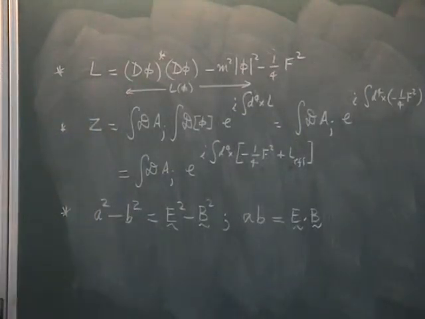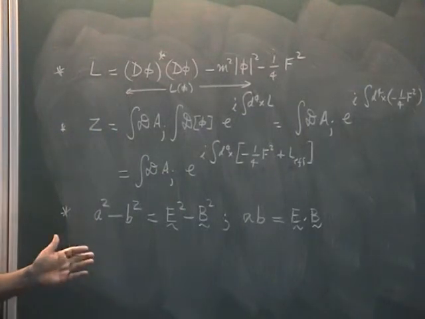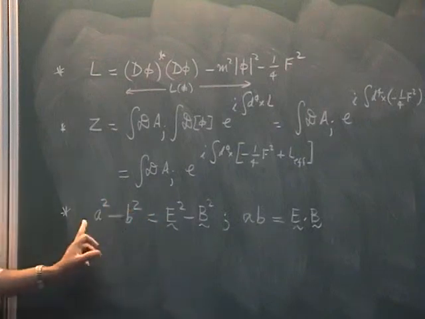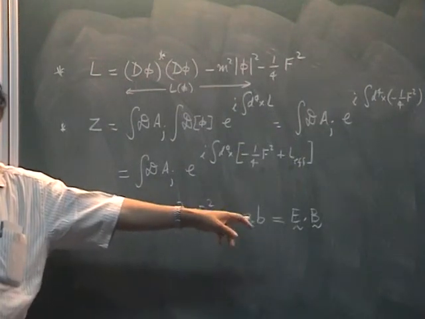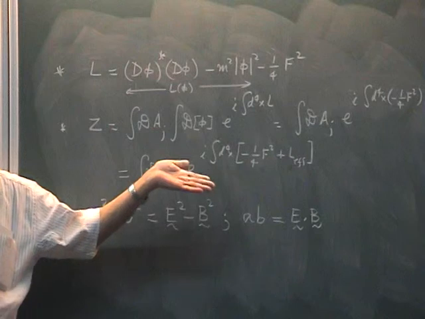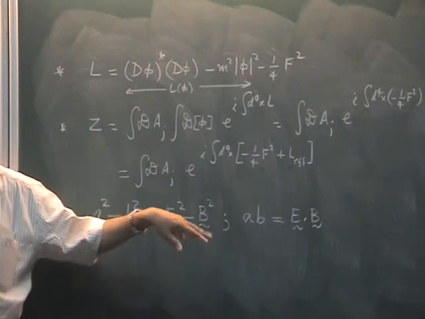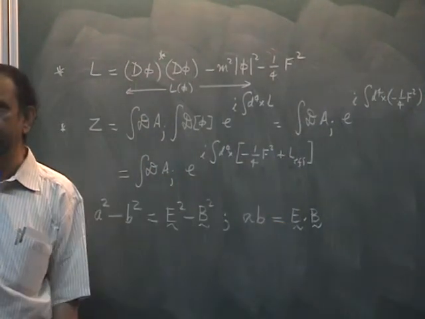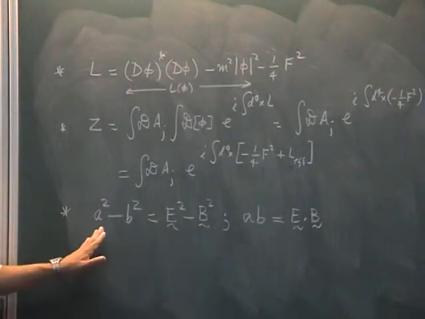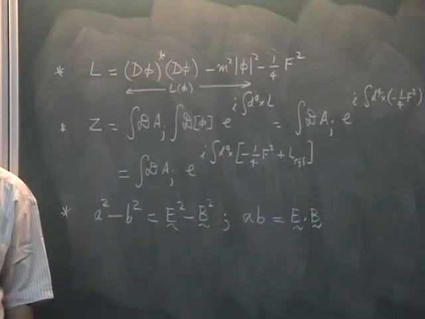So a and b are gauge invariant, Lorentz invariant numbers. Of course, you can solve for a and b from this. If you know a squared minus b squared and ab, you take 2ab and add and subtract, you know a plus b and a minus b, and can solve for a and b in terms of this. You will get a messy expression, but you don't need that. You will never need that. So this is the expression you have.